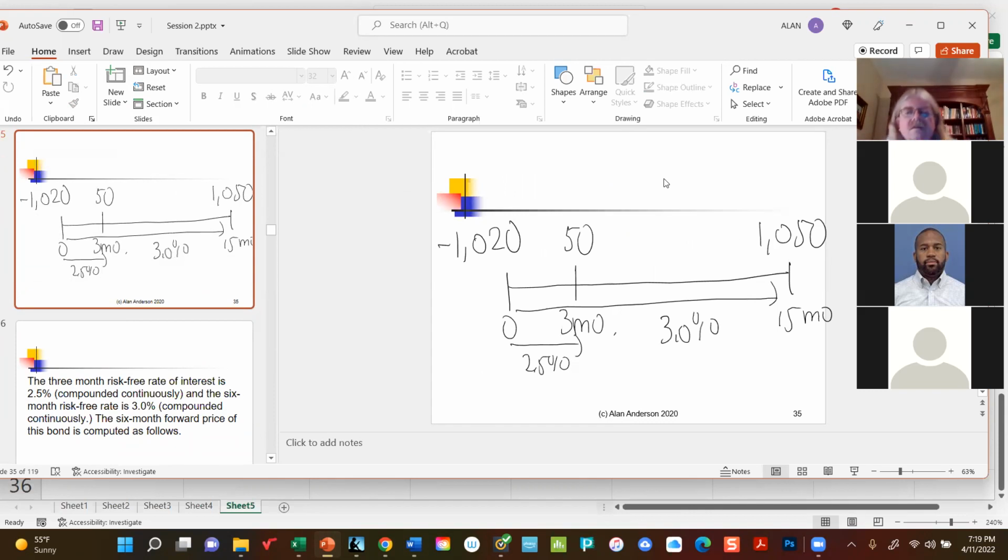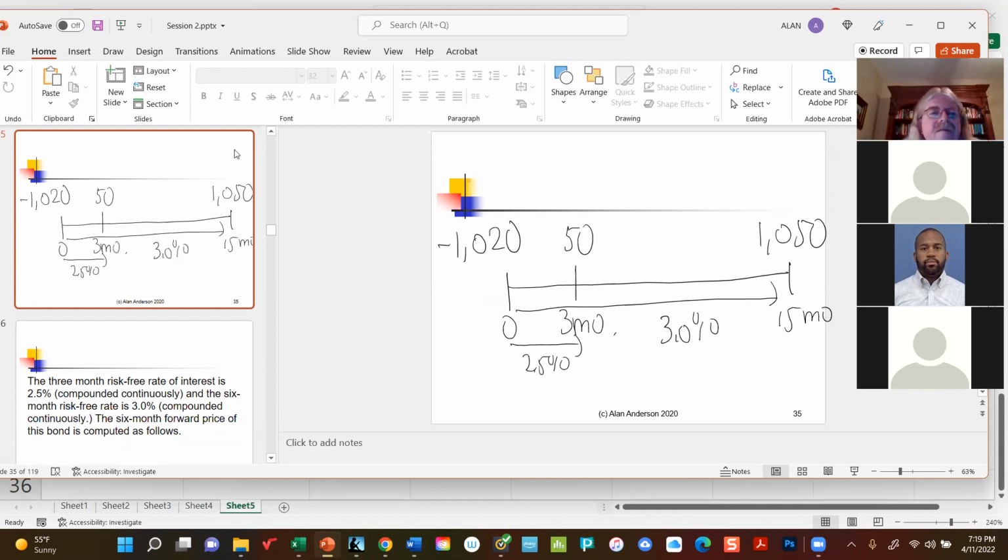Okay, so in other words, we pay $1,020 for the bond today. In 3 months, we get a $50 coupon payment, and then 12 months later, we get the face value back plus another $50 coupon.